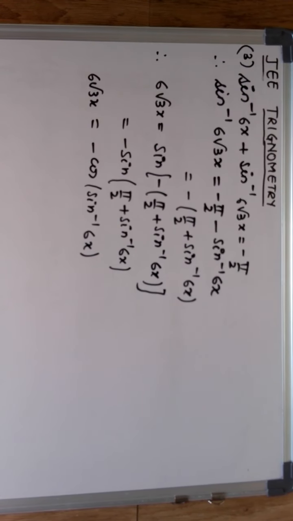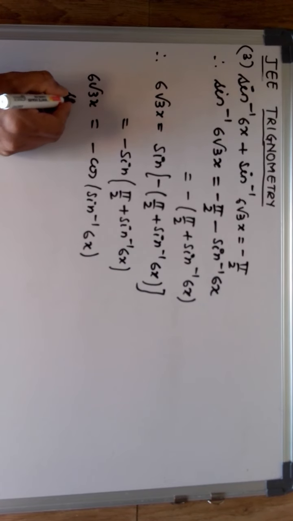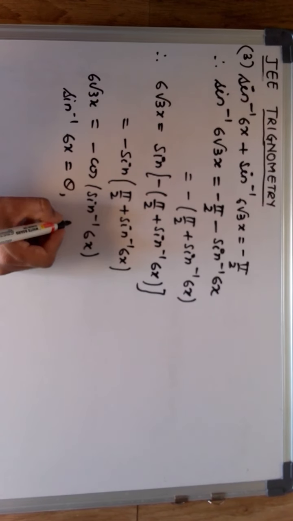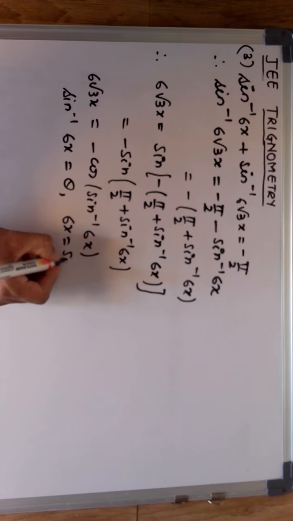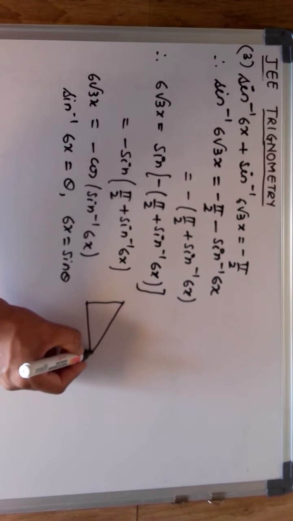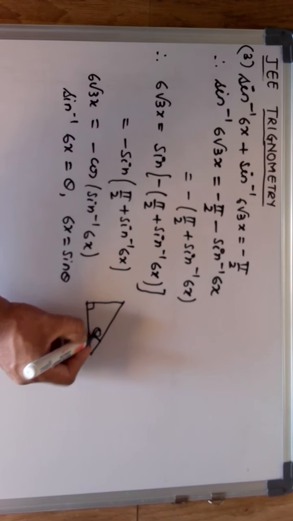Now I will just find out what cos of sine inverse 6x is, using the same thing. I will be taking sine inverse 6x to be theta, indicating 6x is equal to sine theta, and then drawing a triangle over here, taking this as theta.